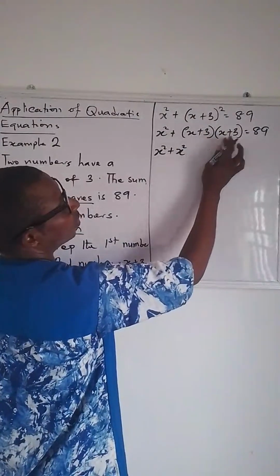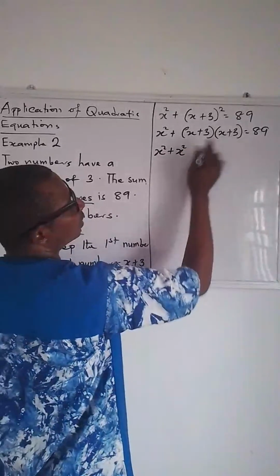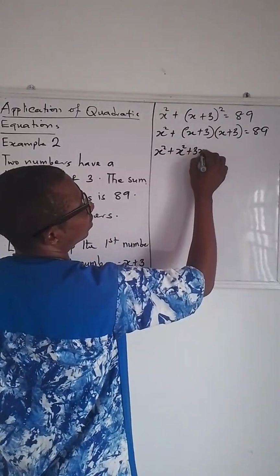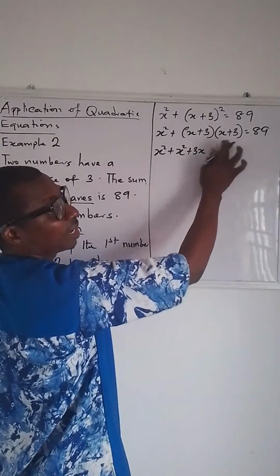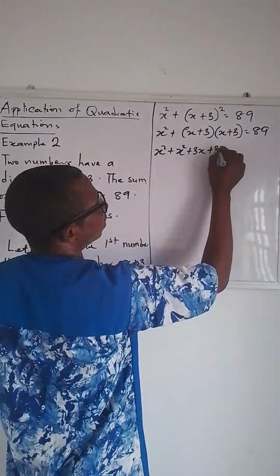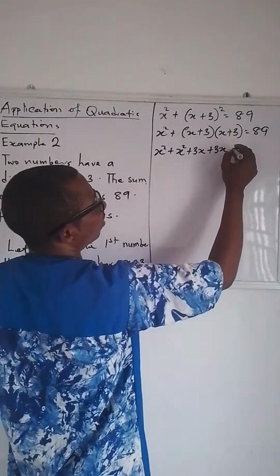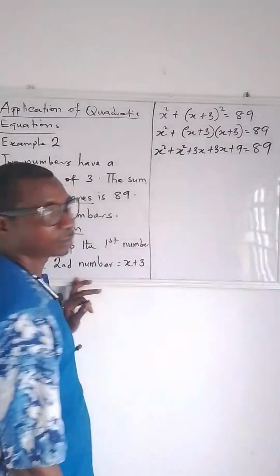You use this to multiply the two terms here. x times 3, you have plus 3x. Again, pick this second number here to multiply everything inside the bracket. So 3 times x, we have plus 3x. Now 3 times 3, we have plus 9 equals 89.